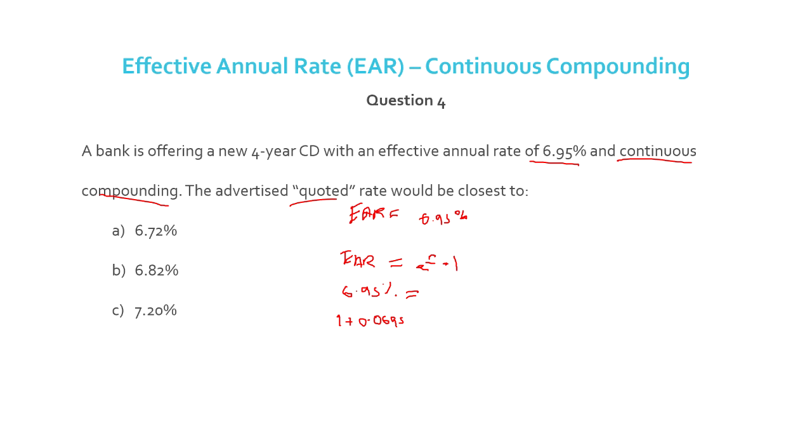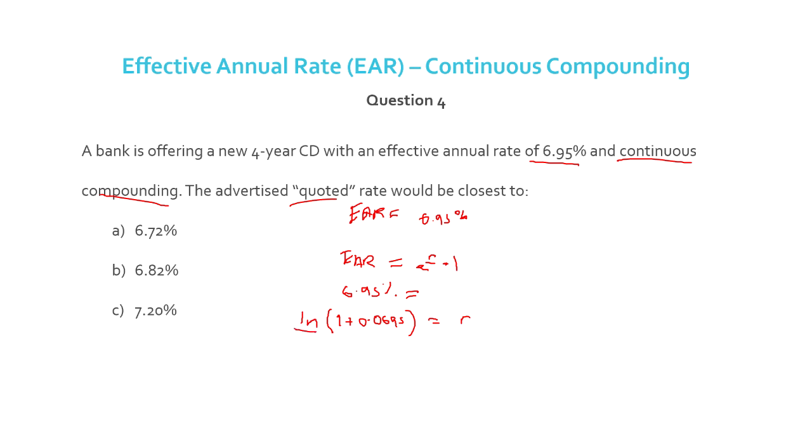And then to get rid of that e, to find our R, we do the reverse operation of raising something to the power of e, which is taking the natural logarithm of it.